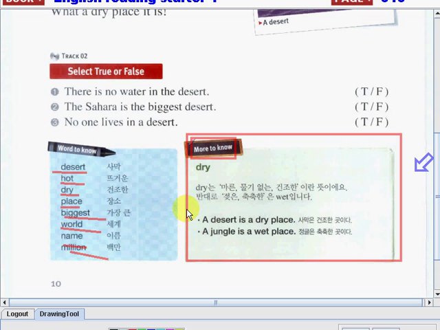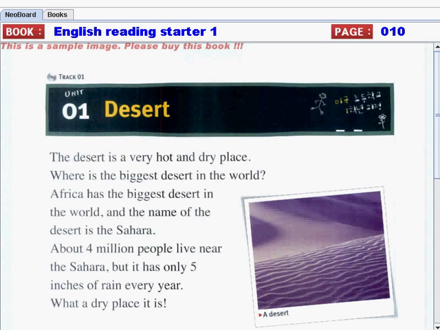A desert is a dry place. Lastly, a jungle is a wet place. A jungle is a wet place. Okay, so there you have it. We have successfully ended our lesson for today.